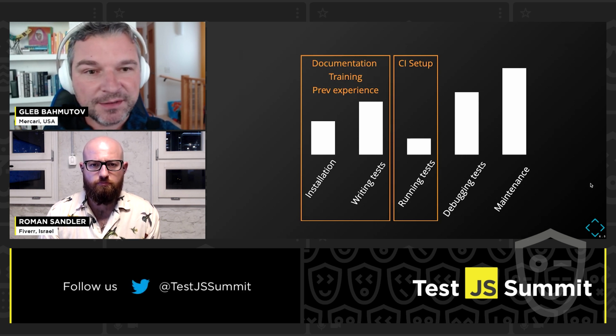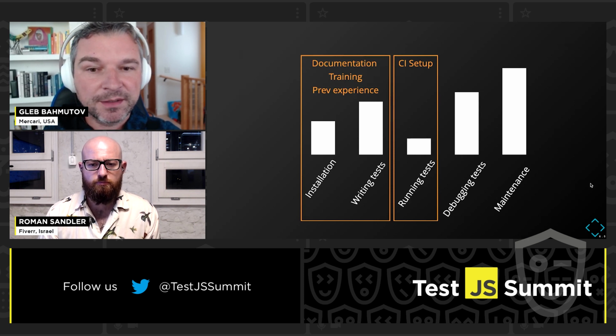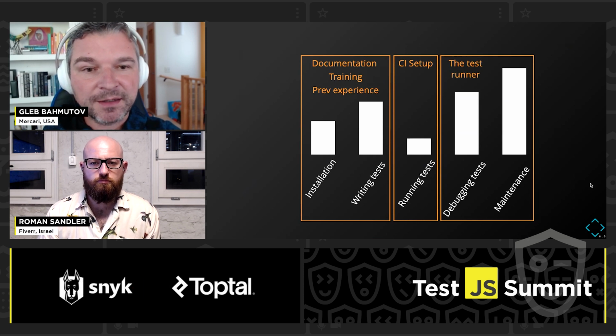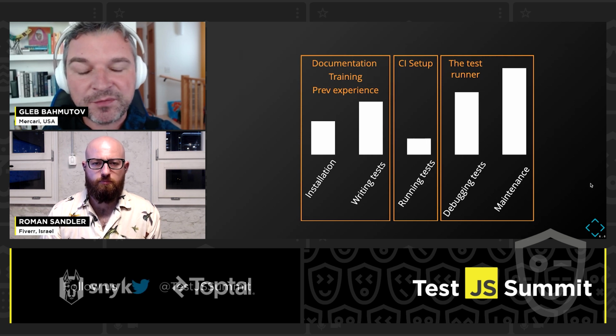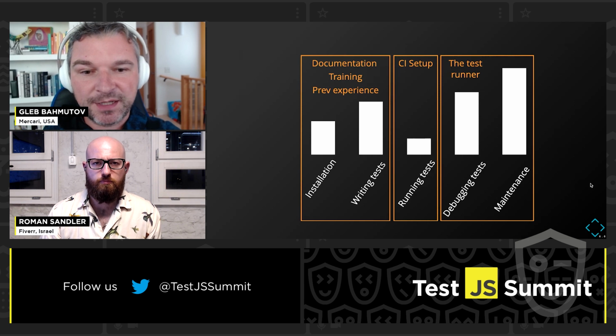Do you cache dependencies? Do you parallelize your tests so they run in parallel or not? That's the main factor. Now, the debugging of tests and how much effort it requires to maintain them, that's where the tools, the framework itself, the test runner, distinguishes itself. That's the main thing that the tool itself can bring to the table aside from documentation.